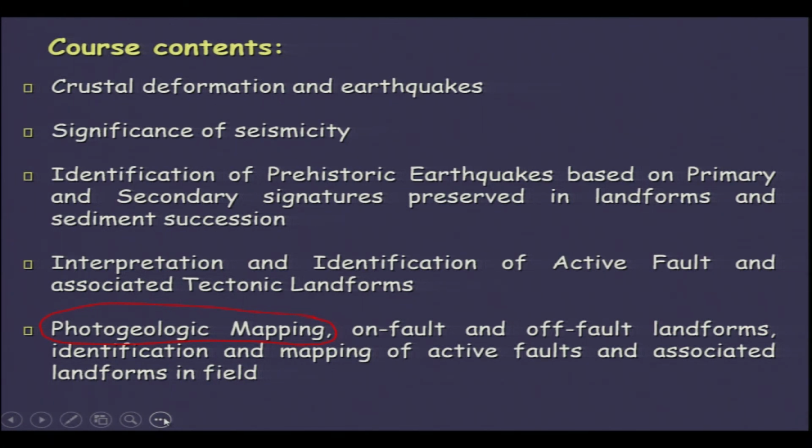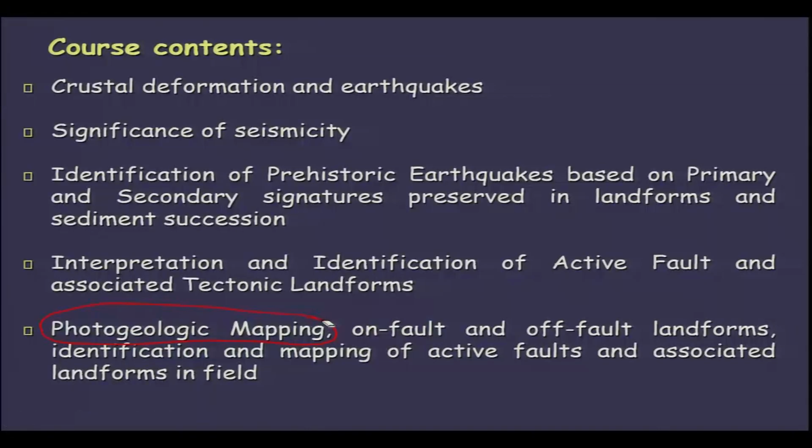So, geomorphology is one of the important parts or topics of this course. Understanding and identification of landforms will be extremely important in this. With the help of high resolution satellite photographs, one can easily map and prepare detailed maps of active faults and associated landforms.